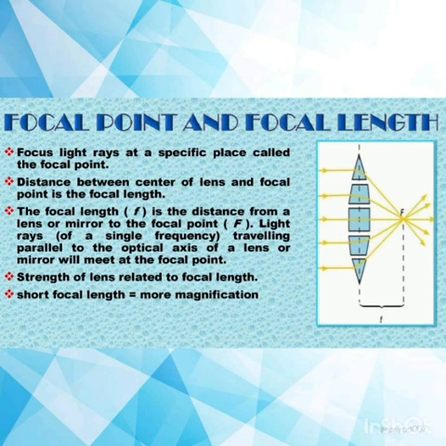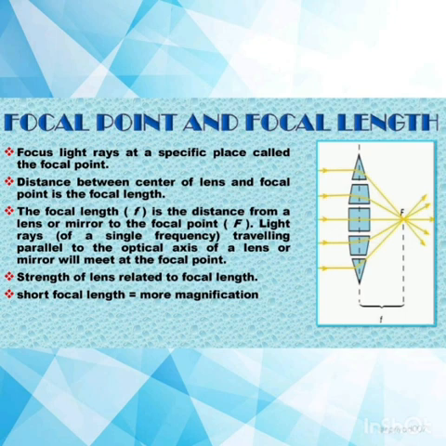Converging means convex on both sides, or concave on one side but more strongly convex on the other, that is thicker in the center than at the edges. And what is diverging? That is concave on both sides, or concave on one side more strongly than convex on the other, that is thinner in the center than at the edges.